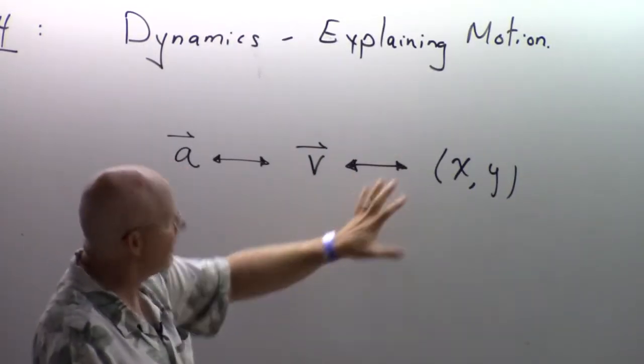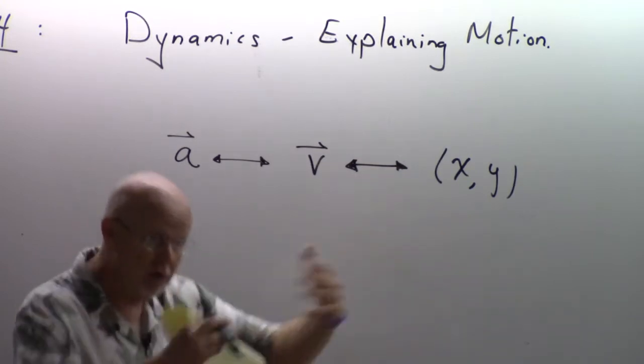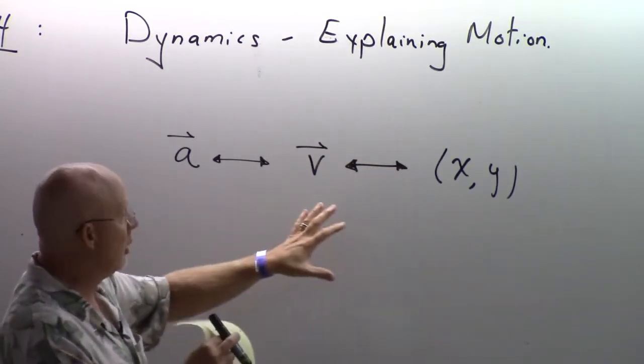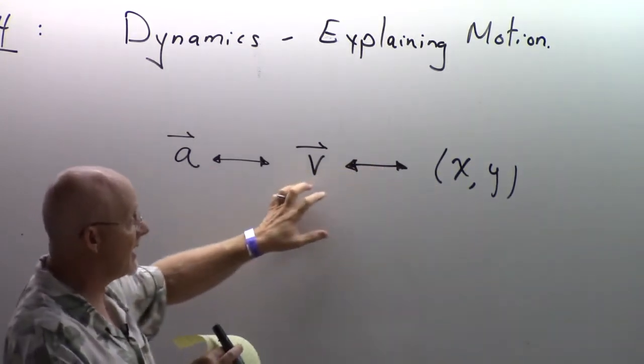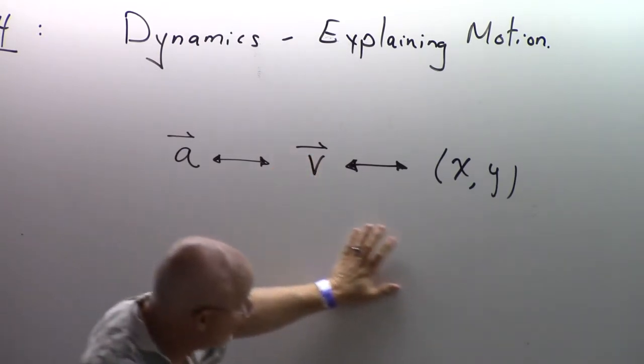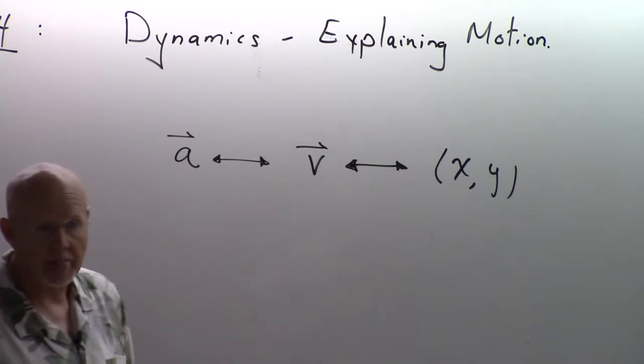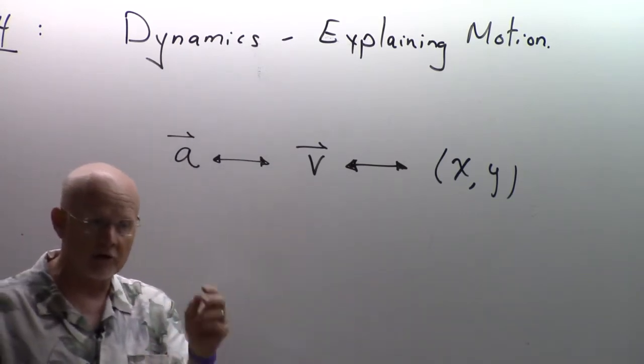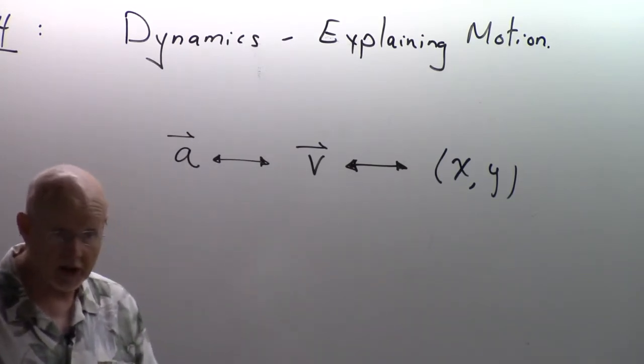So without really adding to this diagram how you go back and forth, you know that if you know position, you can get velocity by taking its derivative, or if you know velocity, you can take the antiderivative and get its position. Which of course is what we did, and we got those 5 kinematic equations.